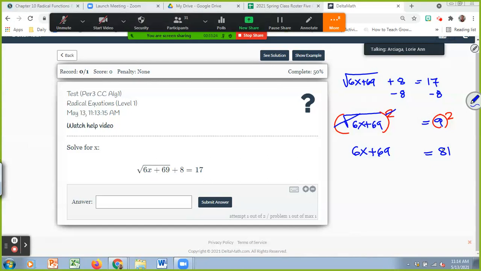You should be able to take it from here. You're just going to move the numbers around. Take away 69. Uh-huh. So what would that be? I think that's 12. What's your final answer? What's x equal to?